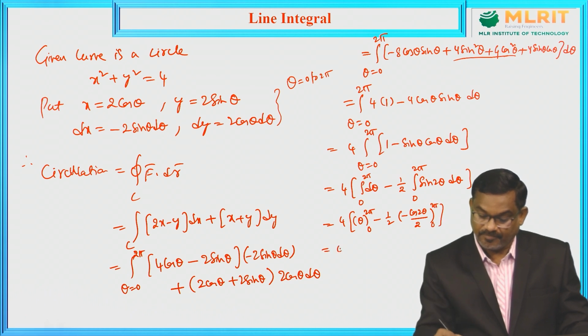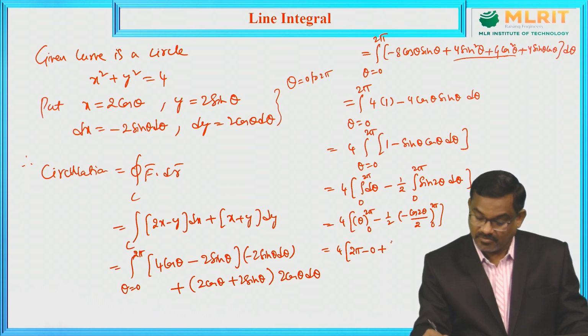So here the upper limit is 2 pi, lower limit 0, and minus into minus plus 1 by 4 into first upper limit cos 4 pi minus lower limit cos 0.